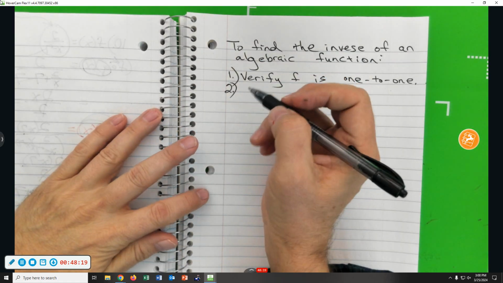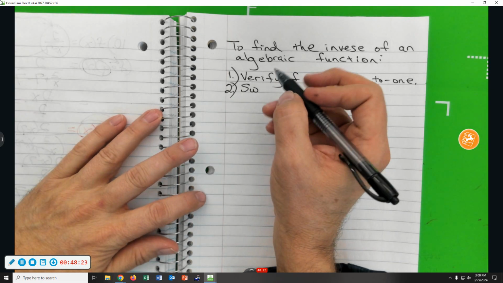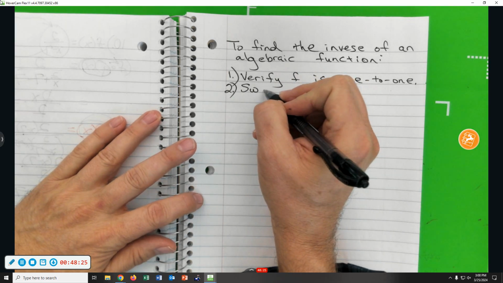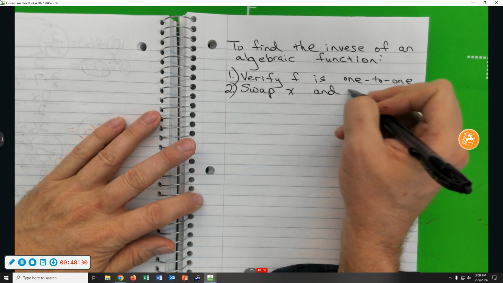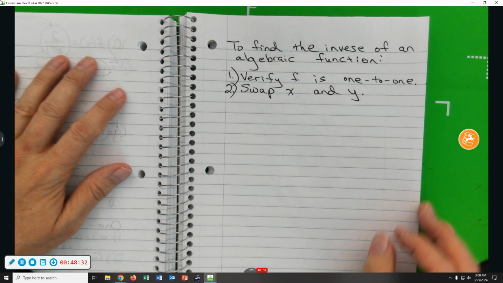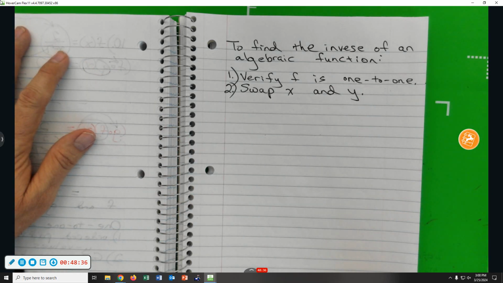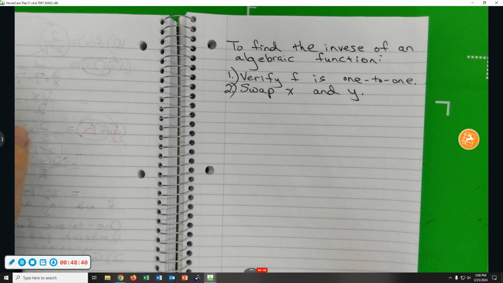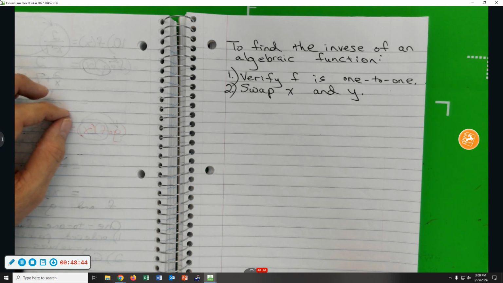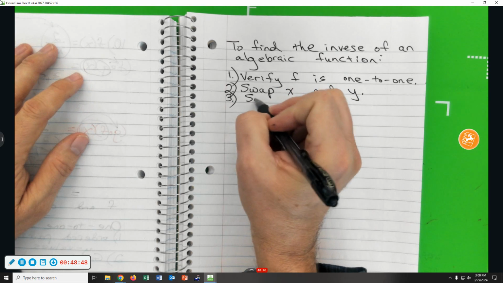Let's swap x and y. Everywhere you have an x, you're going to write a y. Everywhere you have a y, you're going to write an x. Swap x and y. At that point, you have a form of the inverse, but it's standard practice to write the inverse using inverse function notation, that little f with a little superscript of negative 1. So at this point, we'll solve for y.